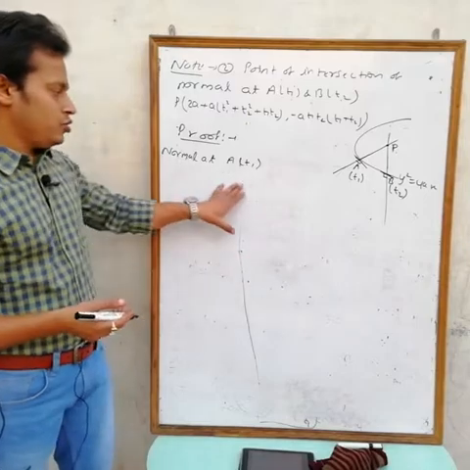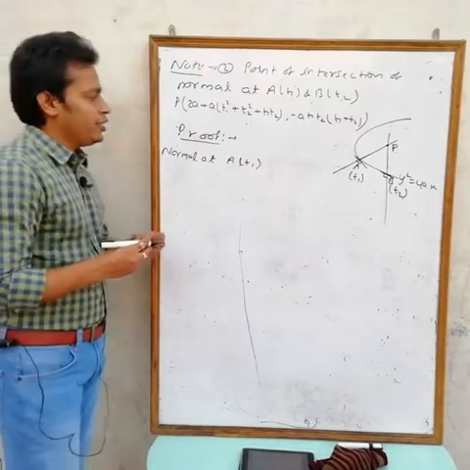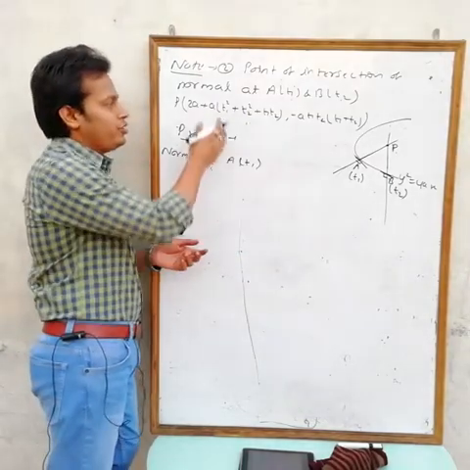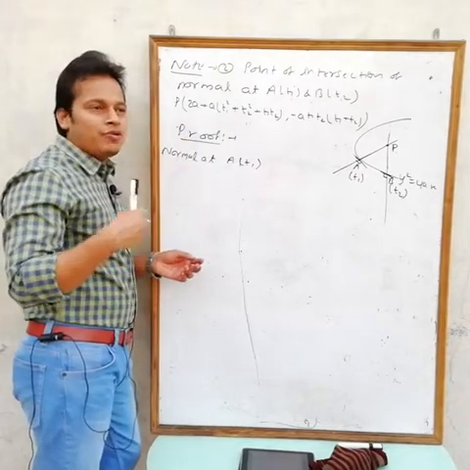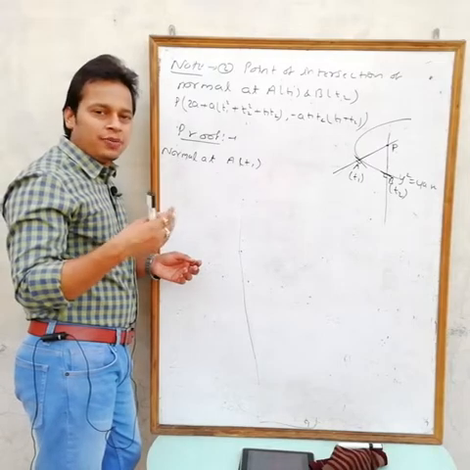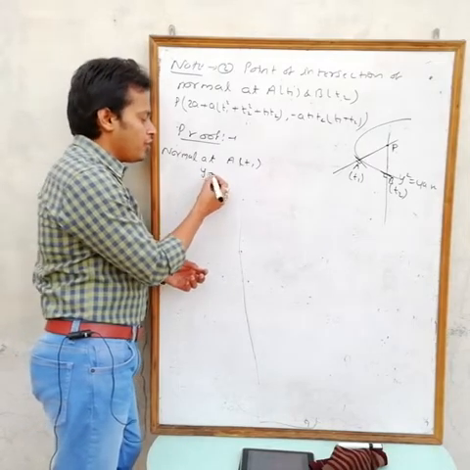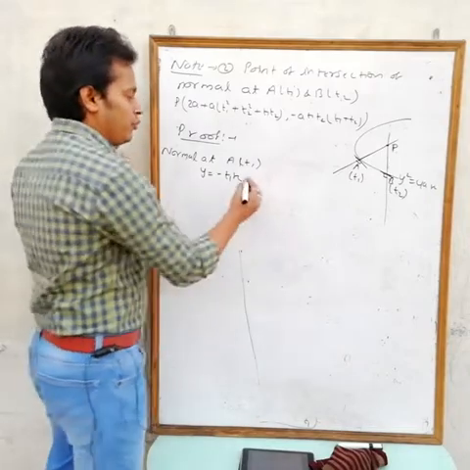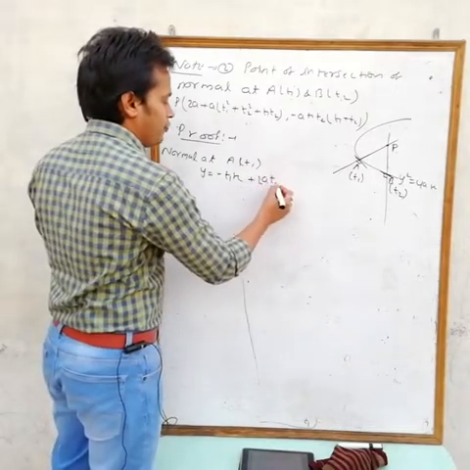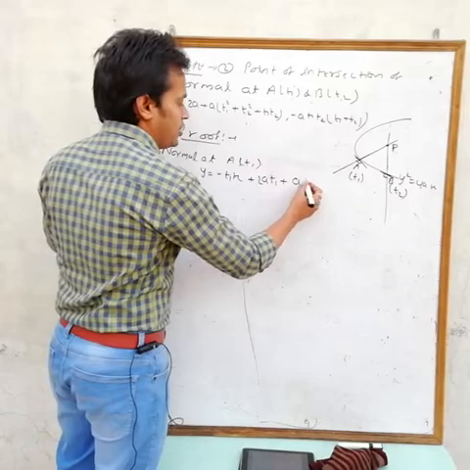We can't write in slope form this time because we want a relation about T1 and T2. So the equation of normal is y equals minus Tx plus 2at plus at cube. Then y equals minus T1 x plus 2a T1 plus a T1 cube.